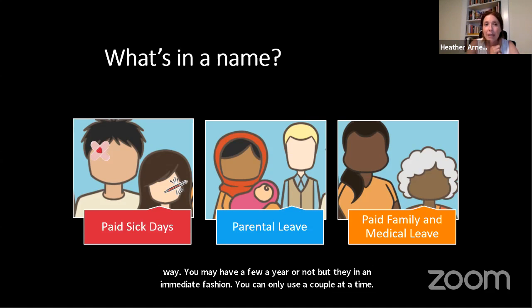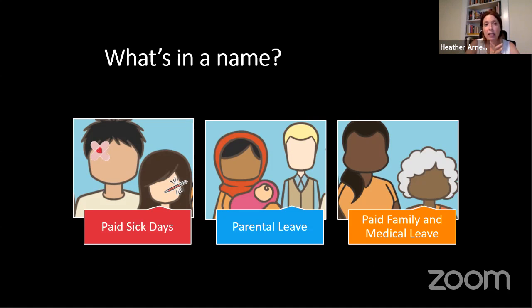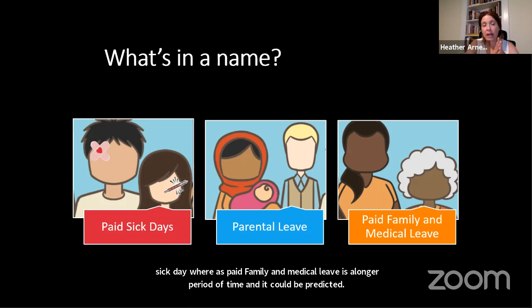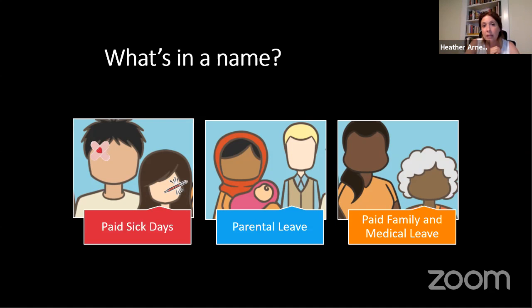Whereas paid family and medical leave is a much longer period of time, and it's something that can be predicted. So either you know you're going to have surgery, or you know somebody you're caring for might be having surgery or need rehabilitative care, or you're going to have a child, or you might have other kinds of planned care.